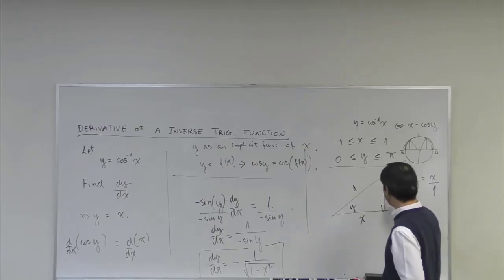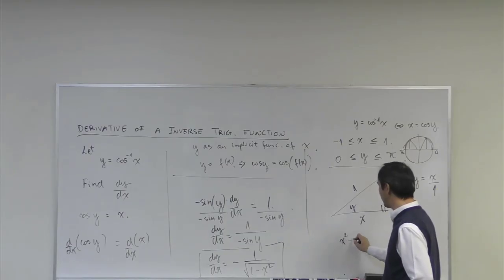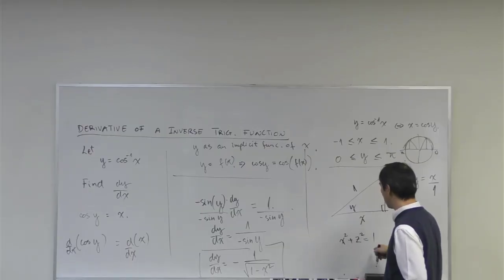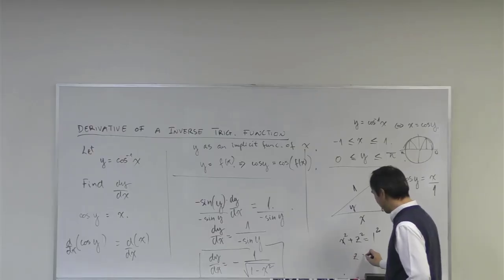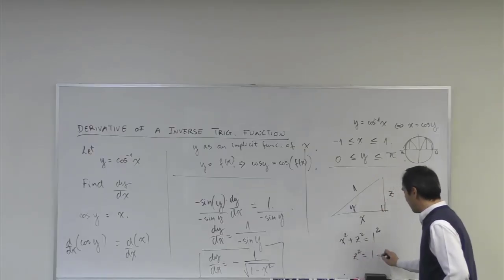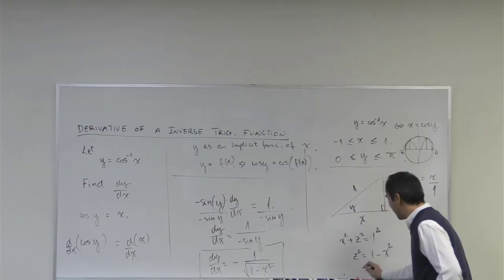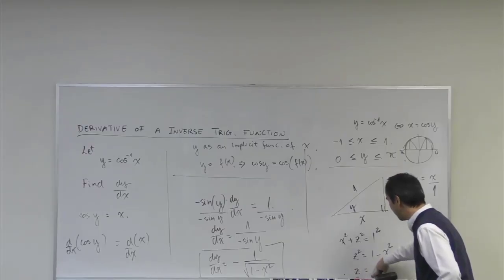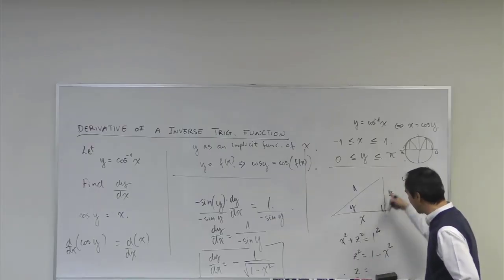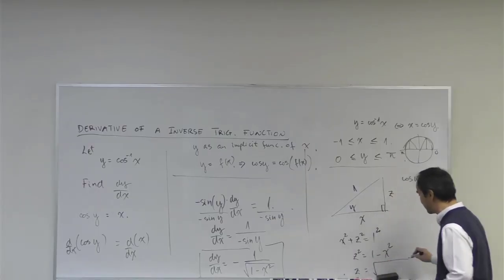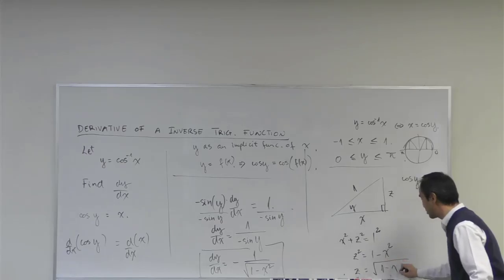So that means what? According to the Pythagorean theorem, the unknown length z right here, we got x squared plus z squared equals hypotenuse squared, which is 1. And so z squared is 1 minus x squared, right? And then that leads down to finding the z value. Technically, it was a positive or negative square root, but since it's a length here, we only take the positive root, making it the square root of 1 minus x squared.